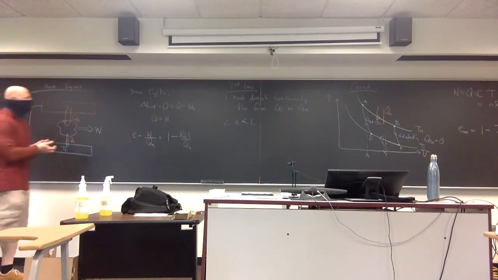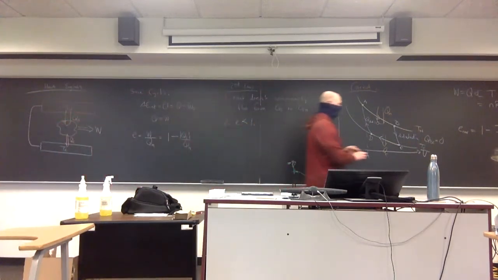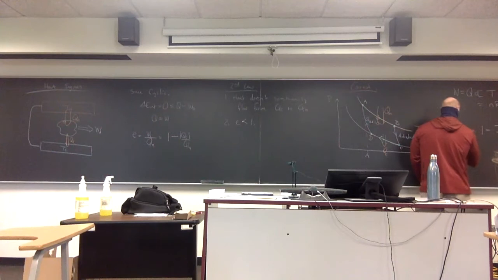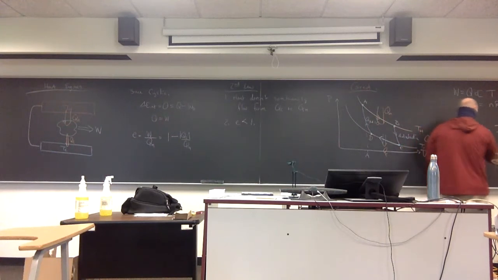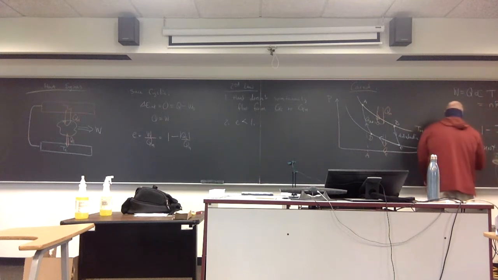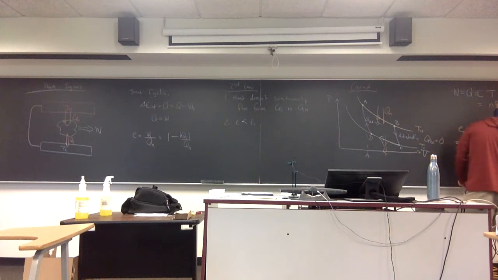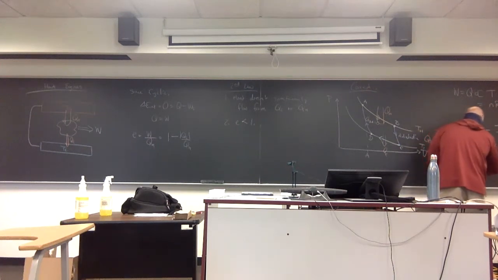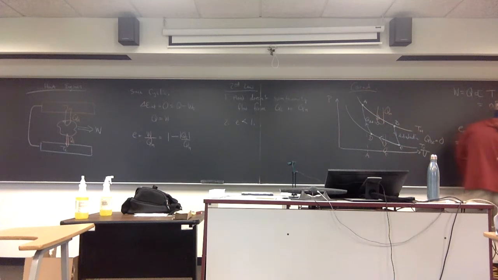So what does this say? The second law basically then states that the most efficient engine must have an efficiency less than the Carnot efficiency, which is the most efficient between two isotherms.